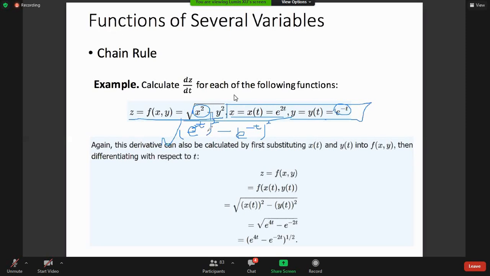So now we already know the relationship between z and t, and the example asks us to calculate dz/dt. So it will be much easier.